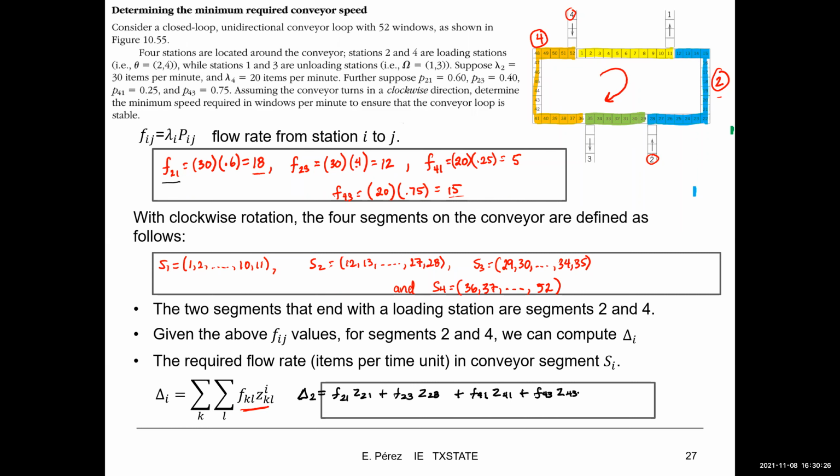Okay, so I'm expanding this equation. I'm using the values for the F2,1, F2,3, F4,1, F4,3. Those are the flows that we established at the beginning.